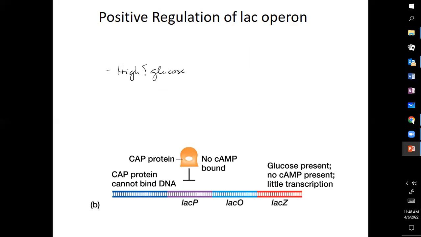This is a well-fed cell, lots of sugar, and it's very happy. It's clicking through glycolysis, making all of its ATP. The ATP levels are high, and the cyclic AMP levels decrease. The cell is happy. It's fed. So what happens here is that no complex forms.